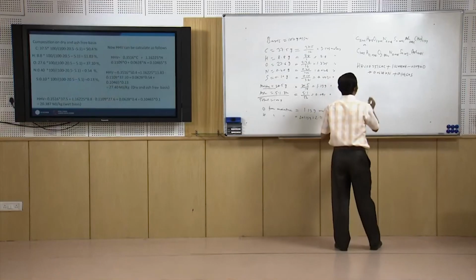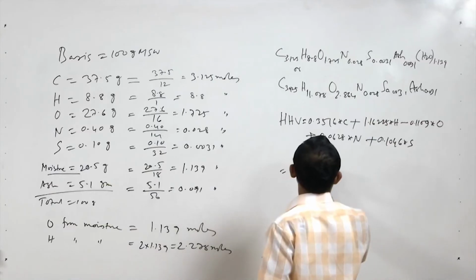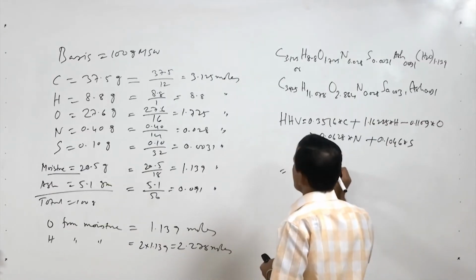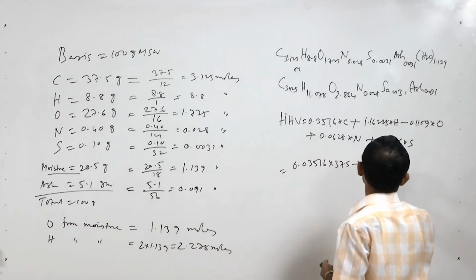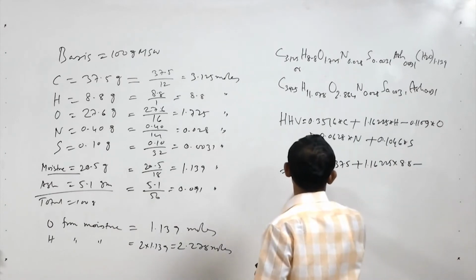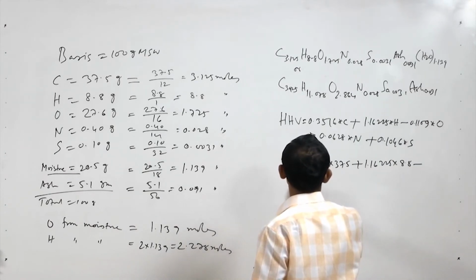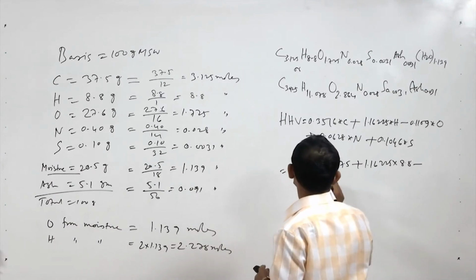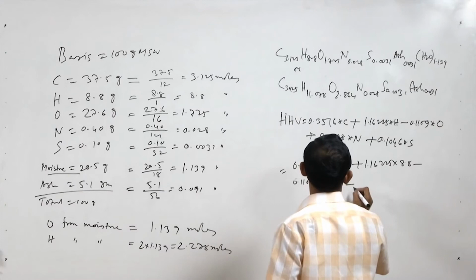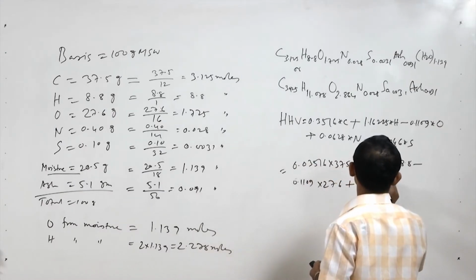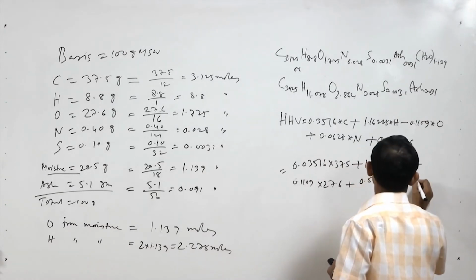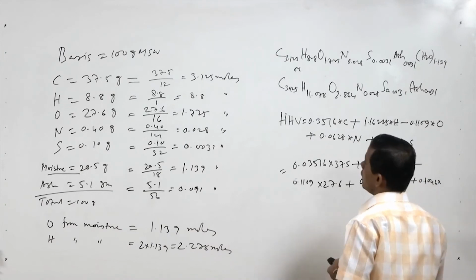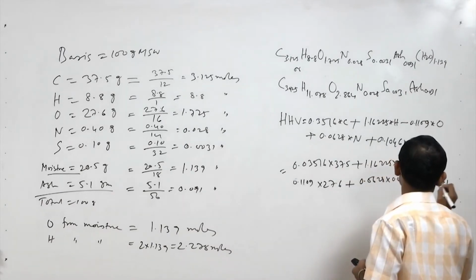So, if we want it on wet basis, we will put the value 0.03516 into C, so in that case 37.5 plus 1.16225 into 8.8 minus 0.1109 into 27.6 plus 0.0628 into 0.4 plus 0.1046 into 0.1.